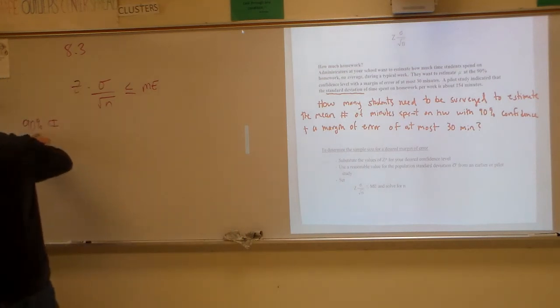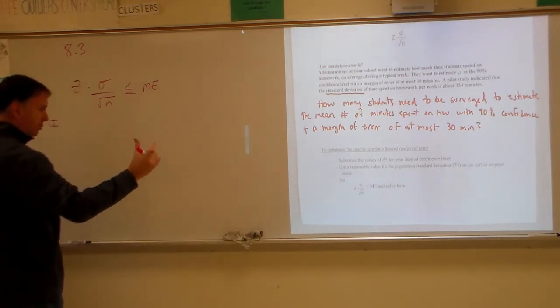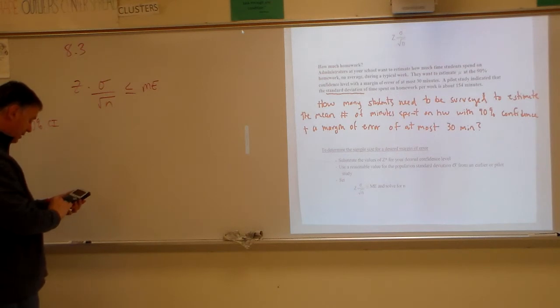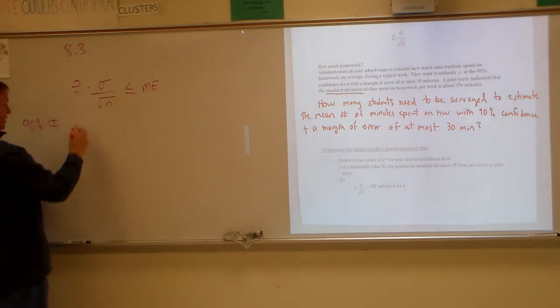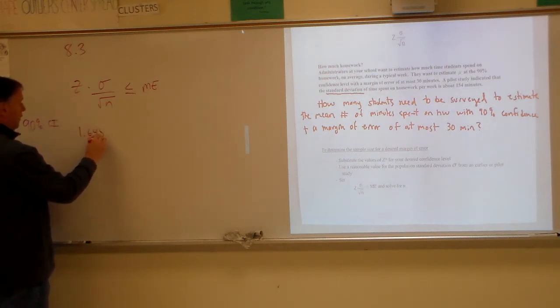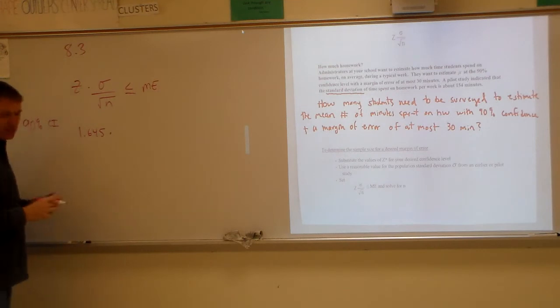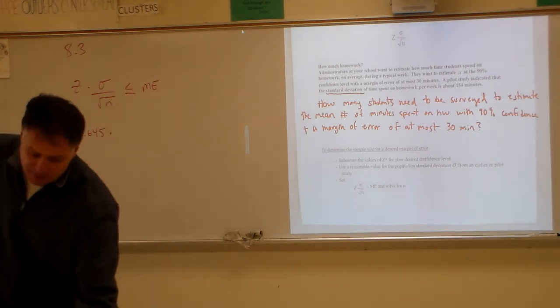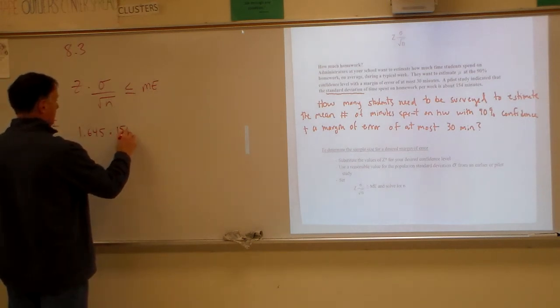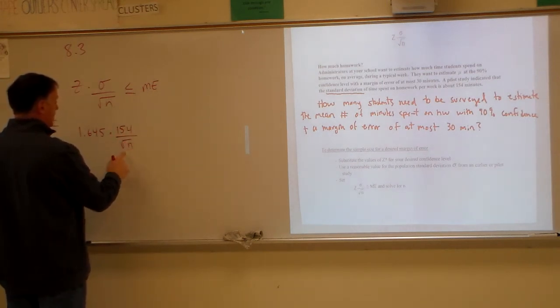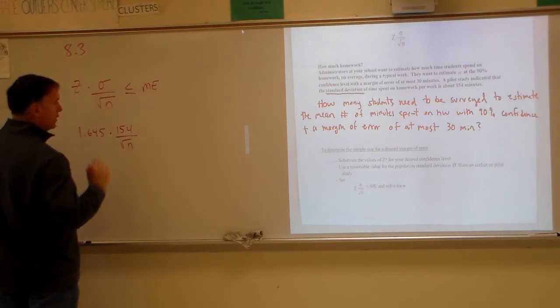Now if it's 90%, that means there's 10% split between the two tails. I hit 0.05 or 0.95, and I get 1.645. So that is going to be 1.645 times the standard deviation that they gave me. Standard deviation they gave me was 154 minutes. Divided by the square root of n, we don't know. At most 30 minutes.